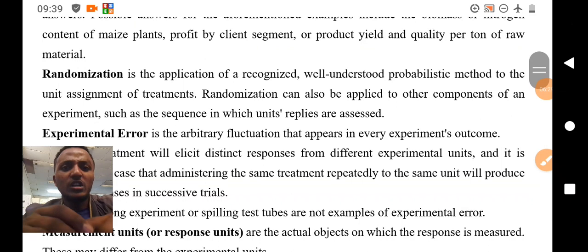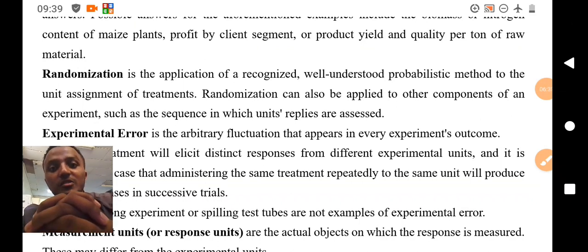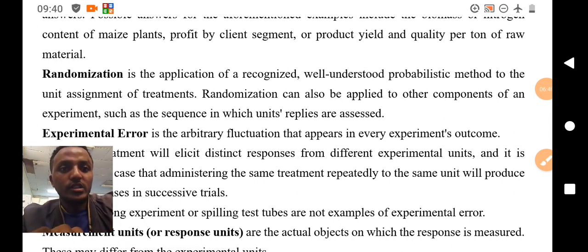Also, randomization is there. Randomization is the way that the experimenter can conduct an experiment. It is the application of a recognized, well understood probabilistic method of unit assignment of treatments.